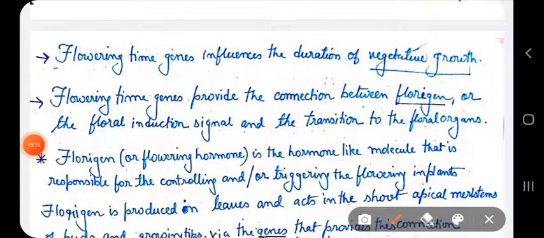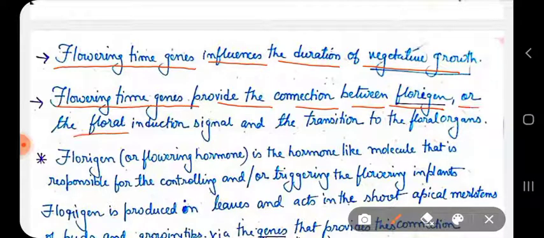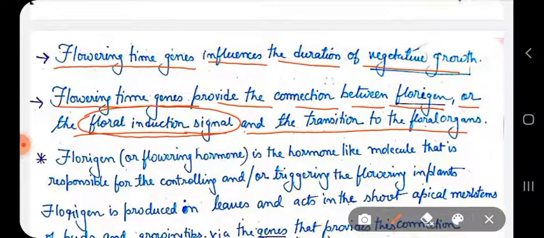Certain genes called flowering time genes influence the duration of the vegetative growth. Flowering time genes provide a connection between florigen, or floral induction signal, and transition to the floral organs. So the floral induction signal, the signal molecule called florigen, is transferred from the floral primordia to the other floral organs to induce the growth of the flower.